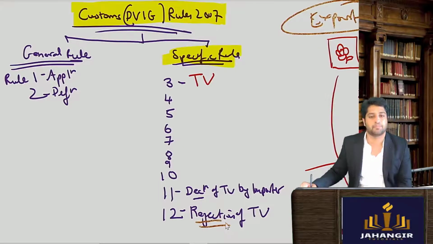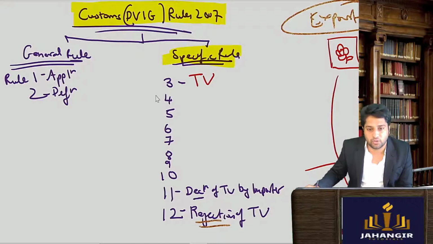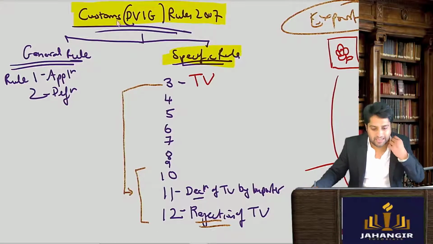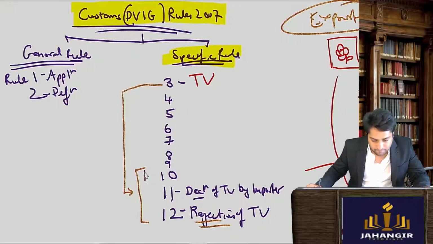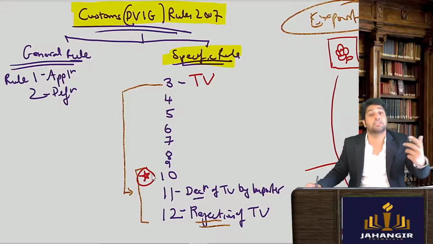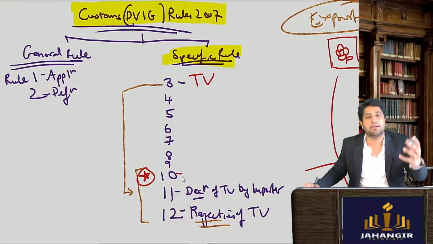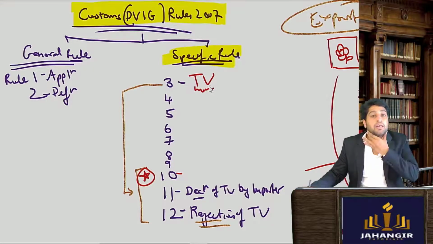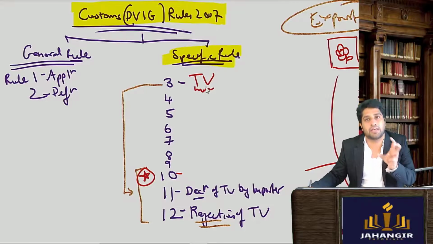Till here clear? Yes. So we are doing rule number 3, read with rules 10, 11 and 12. What is rule 10? Rule 10 is actually the most important, which will be used in your sums also. Once they have got the value, whatever value they have taken will be subject to certain adjustments.